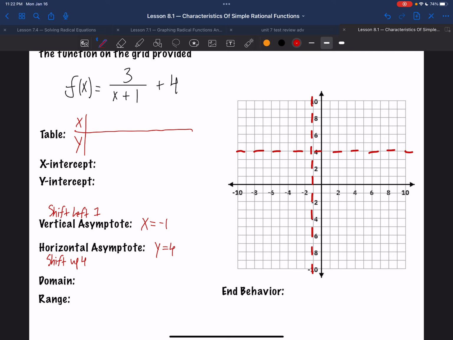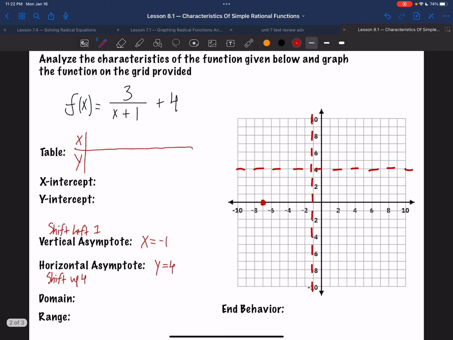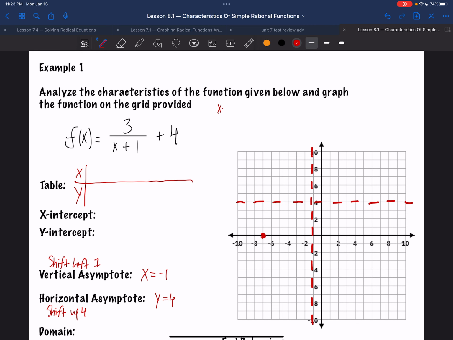Now, x and y intercept. I think that would be a good idea to find those. You know how to find an x-intercept, though, right? An x-intercept occurs when y equals 0. So can we set this function equal to 0 and find the x-intercept? Yeah. x-intercept. Says 0 equals 3 over x plus 1 plus 4.